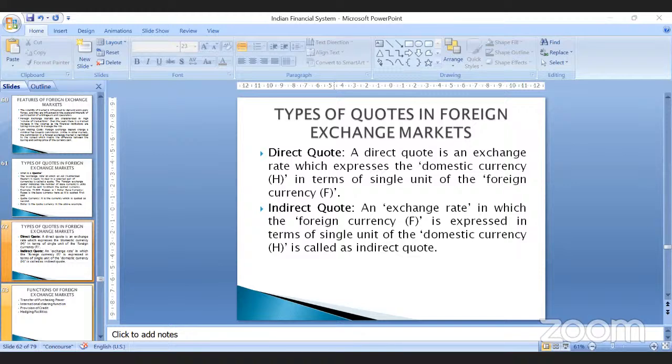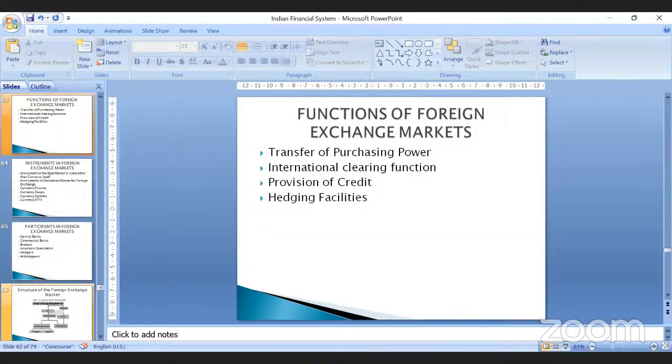Now, whenever we are talking about foreign exchange markets, these markets have certain functions. What are the functions of foreign exchange markets? The first function is the transfer of purchasing power. These markets help in fund transfer, that is, foreign currency from one country to another for settlement of payments.